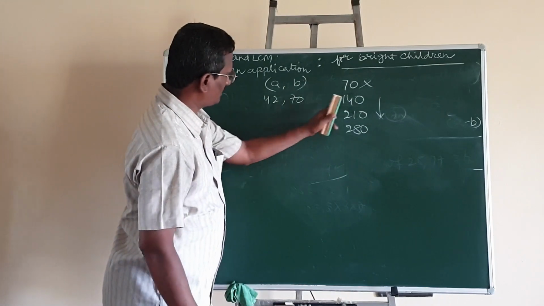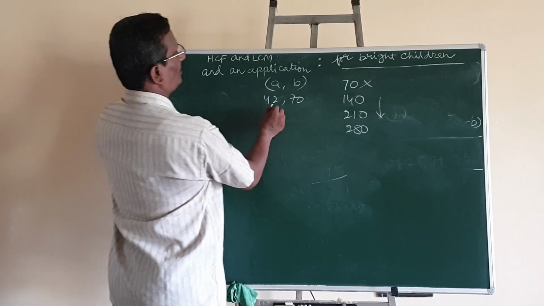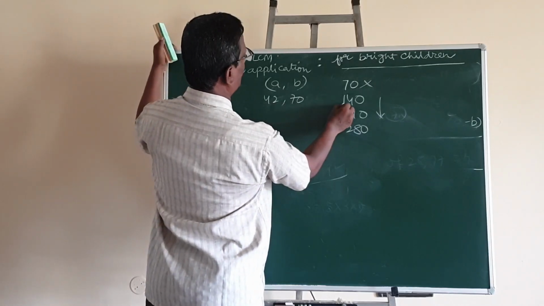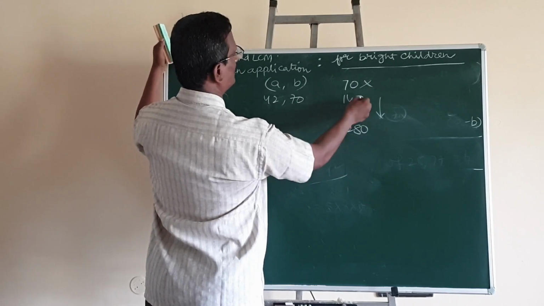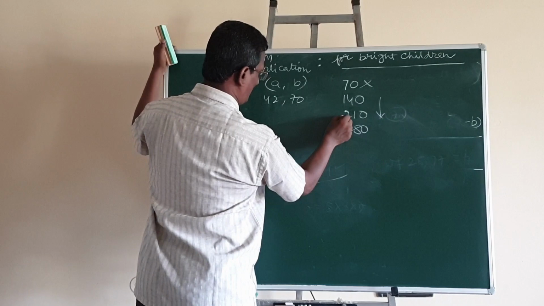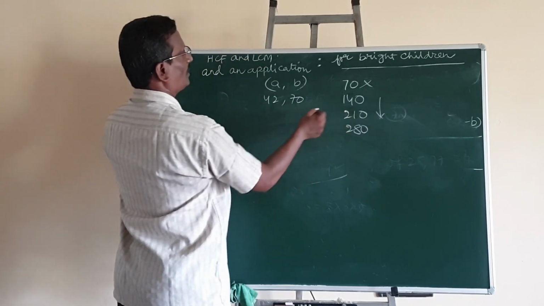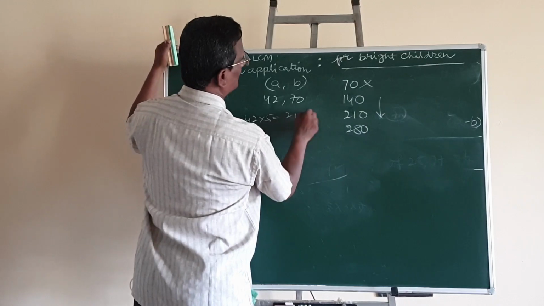Now check whether 42 divides 140 or not. 42 does not divide 140. 42 threes, no. 42 fours, no. Will 42 divide 210? Yes. 42 fives are 210.